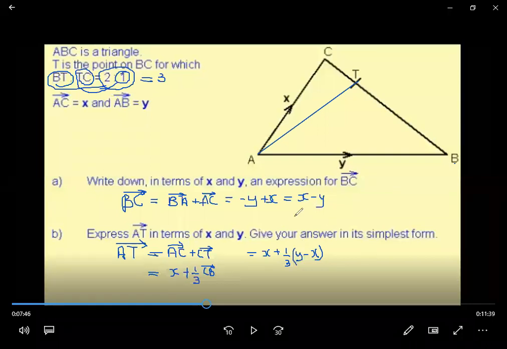Remember that BC is in this direction, x minus y. So CB would be the opposite of that.